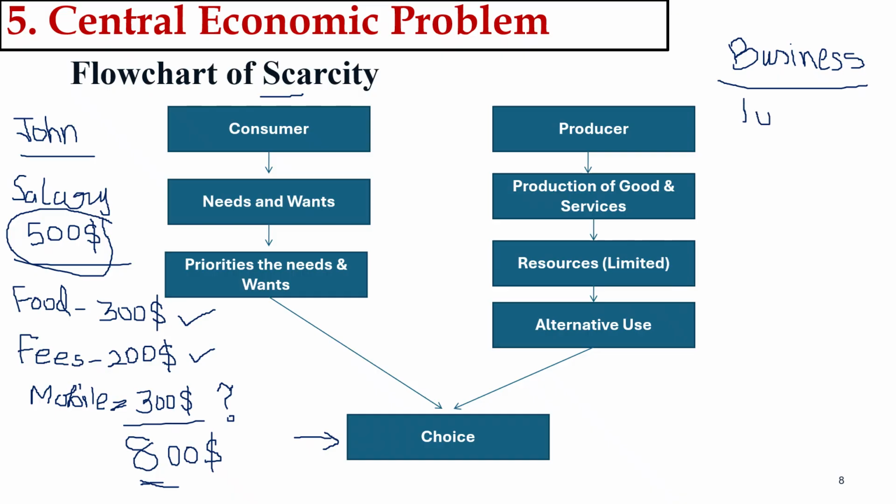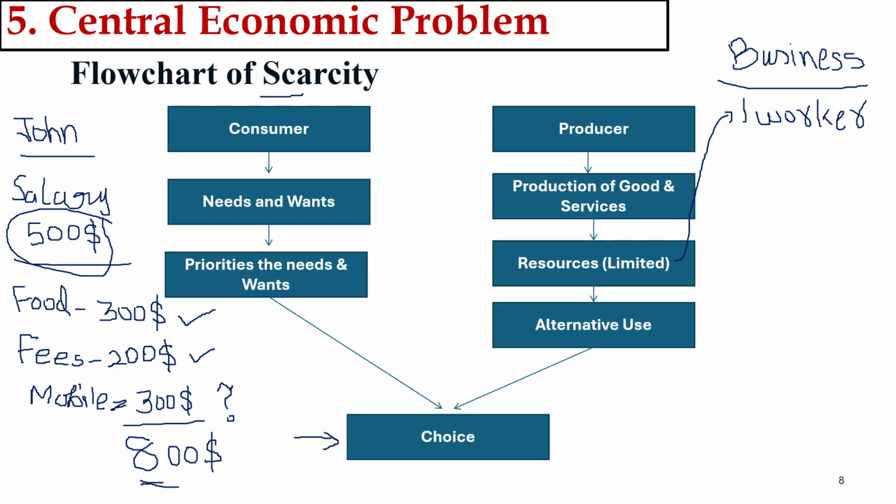There is only one worker in a company. So here when we take examples of producers, when we speak about resources, the resources for the company is worker. So only one worker is there in the company.